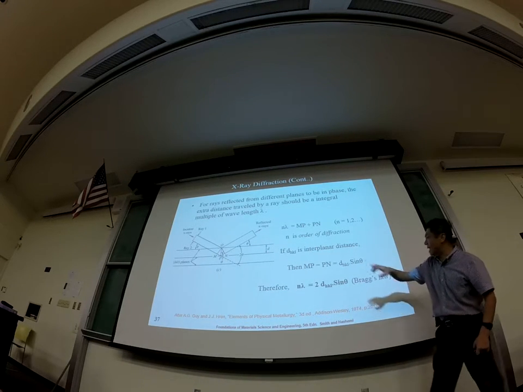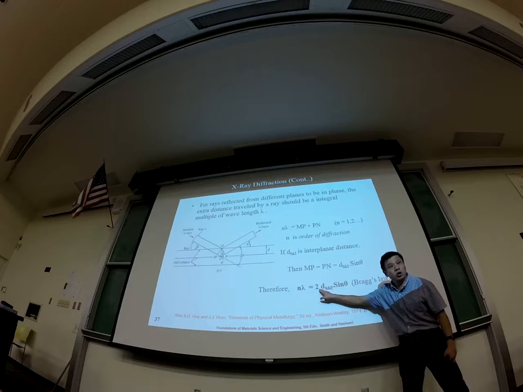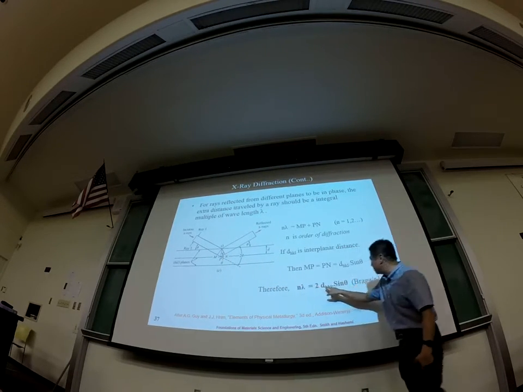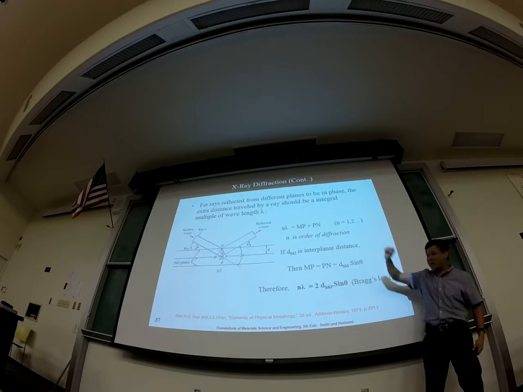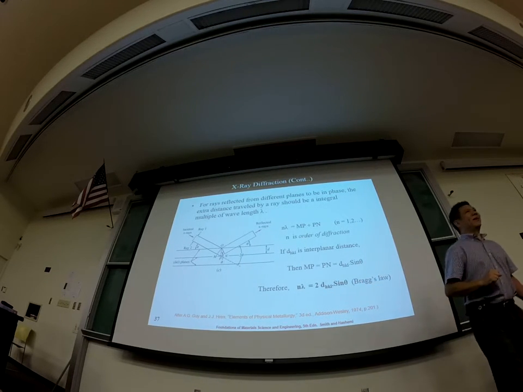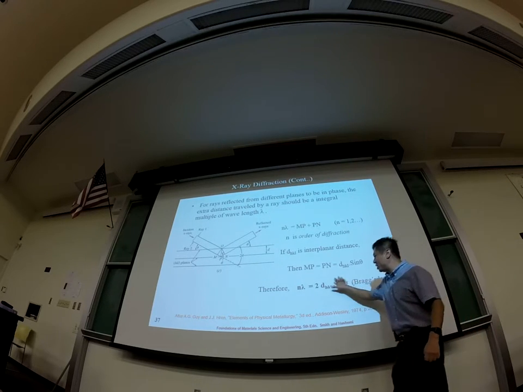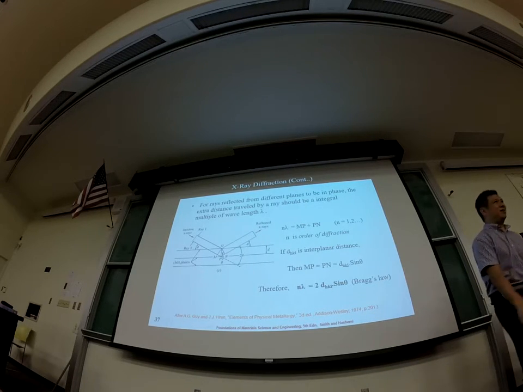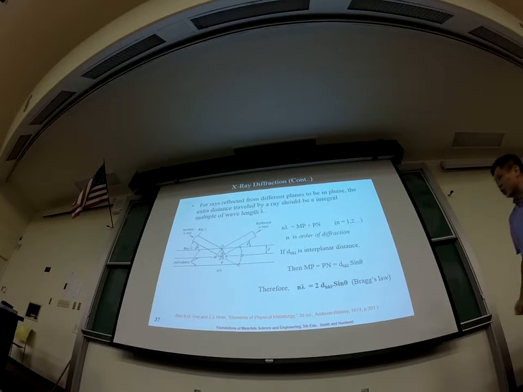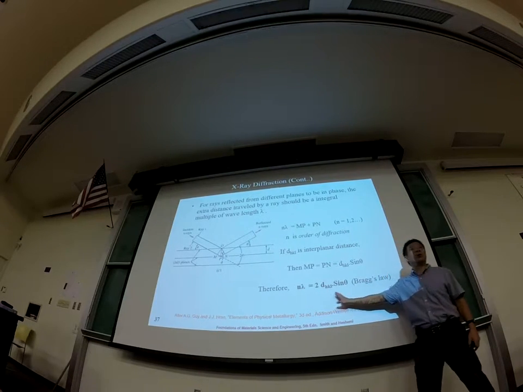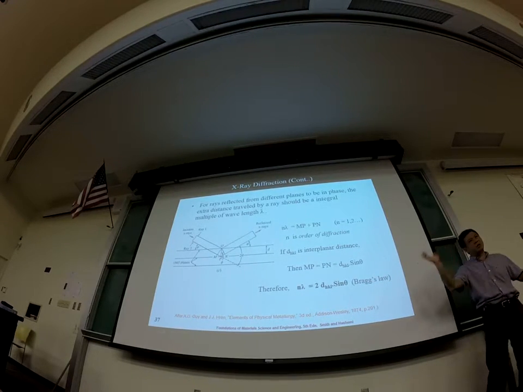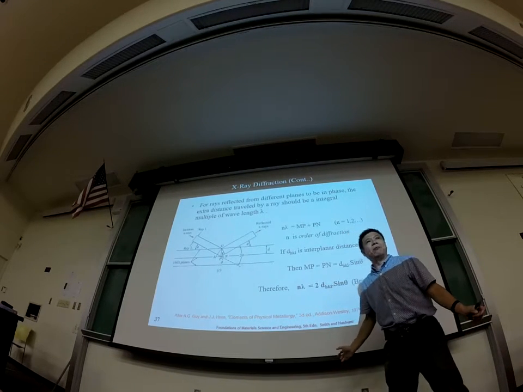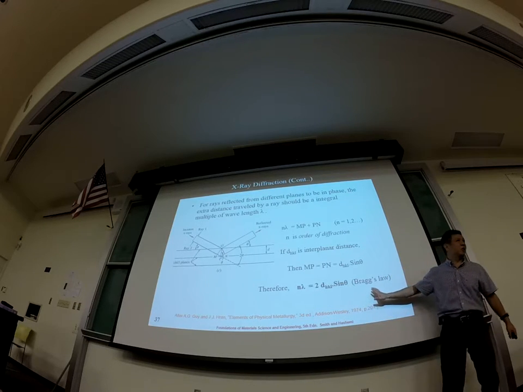That difference, we know, is 2 times dHKL, the distance, times sine theta. So if the condition matches here, this is called the Bragg law, or Bragg's diffraction law. It's widely used, not only for X-ray analysis, but for whatever the wave, if diffraction occurs. We can always use this diffraction law to describe that.